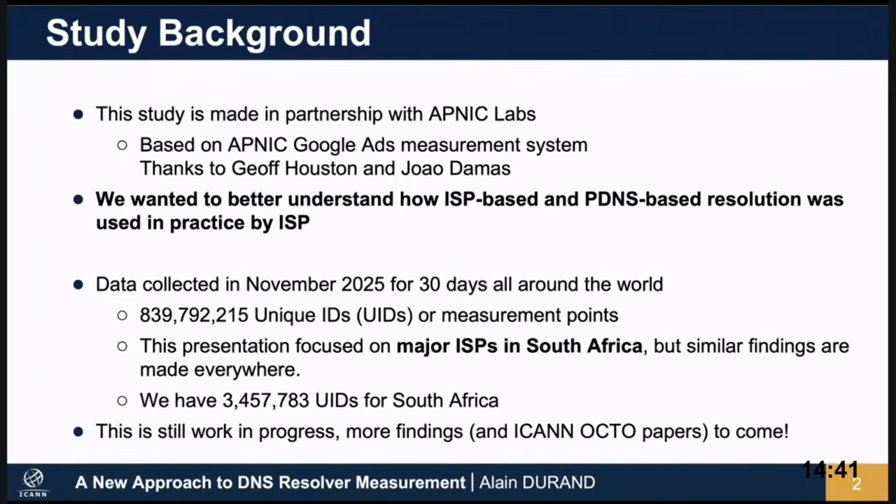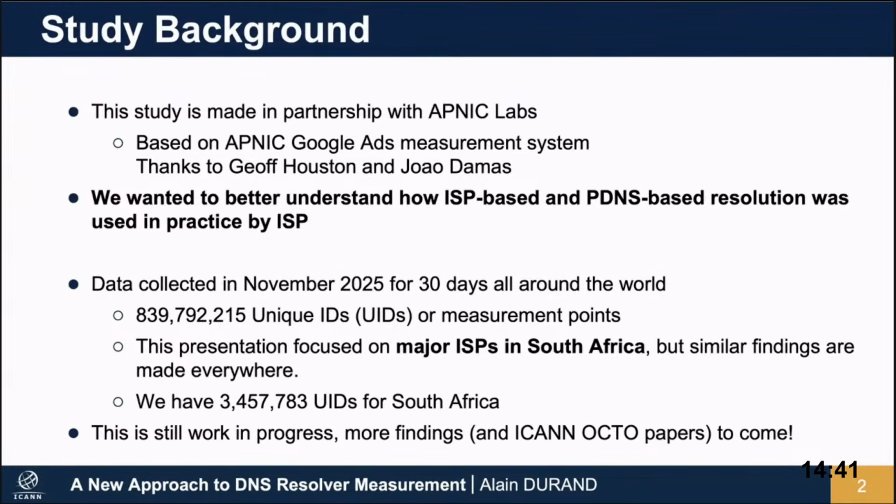So Yazid talked about root servers. I'm going to talk about DNS resolvers, either the resolvers running in the ISP or running in public DNS operators like Google, Cloudflare, and others.